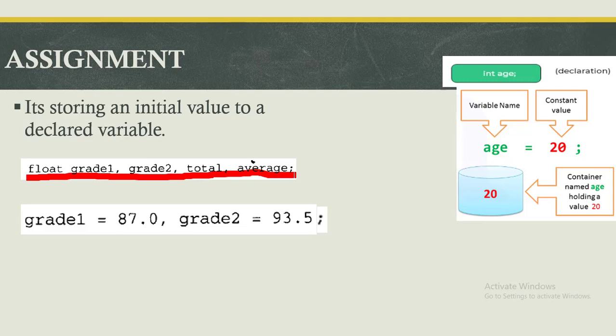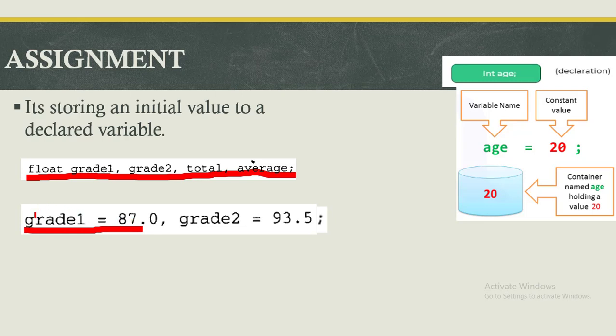Variable assignment is an aspect of storing a value in a declared variable. For instance, we have created a variable called grade 1 and a variable called grade 2. If you want grade 1 to store a value, and grade 2 to store a value, we would do it this way.